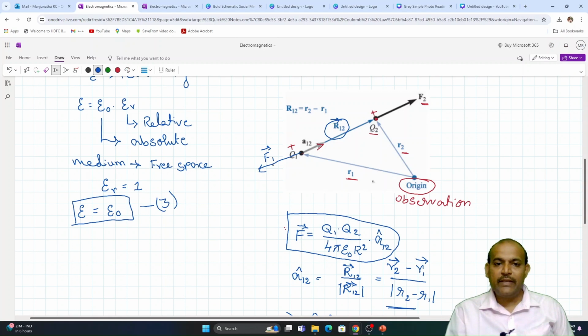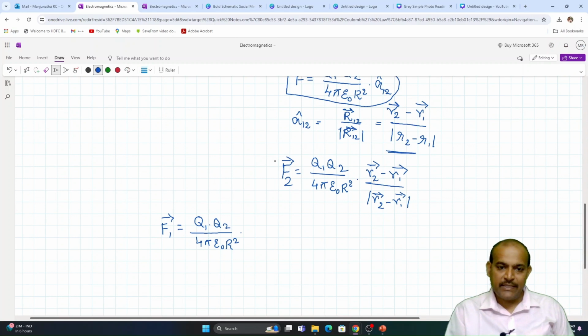So if I want to find this, then this becomes r1 minus r2, because we are calculating the force at 1 due to 2. So F12. In the above equation, I will modify this unit vector, r 2 to 1. So the direction is from charge 2 to charge 1. From the definition of unit vector, vector r21 equals the vector divided by its magnitude.